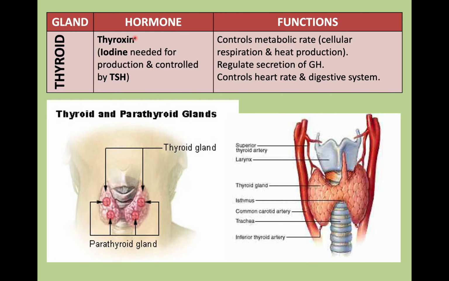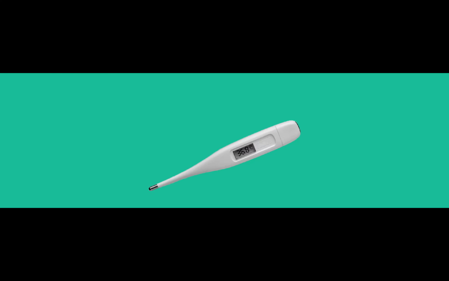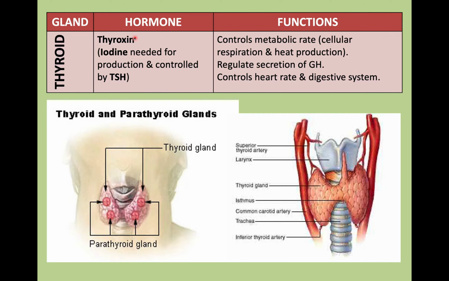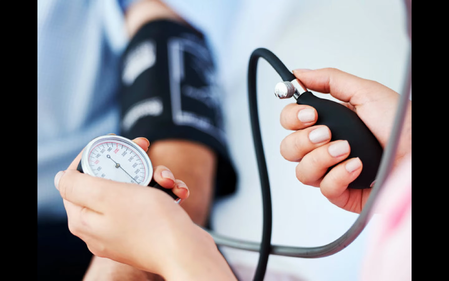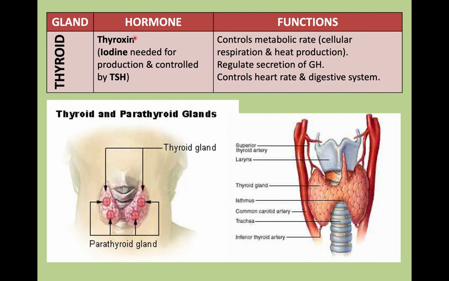So let's look at the most important functions of thyroxin. Thyroxin is very important in controlling the body temperature. Why? Because a raised metabolic rate increases the amount of heat produced by our cells. It also plays a role in controlling blood pressure because a raised metabolic rate in the heart and the blood vessel affects blood pressure.